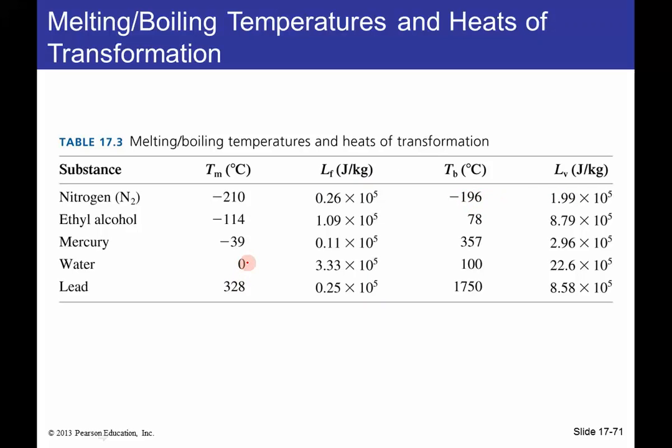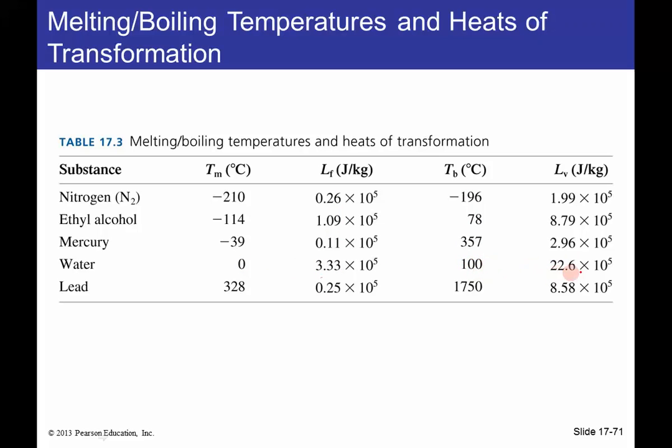For water, we all know this, 0 for the melting temperature, and this is the heat that you need to add. And notice that it's way bigger than the others. You need a lot of heat to transform ice into water. And here, this is the heat of vaporization for water, and this is all at 1 atm.